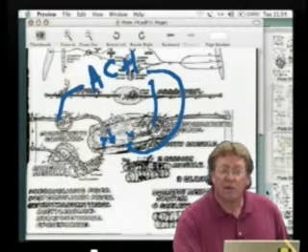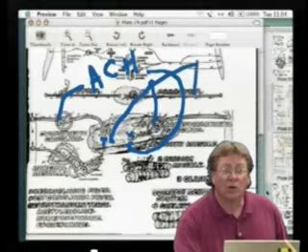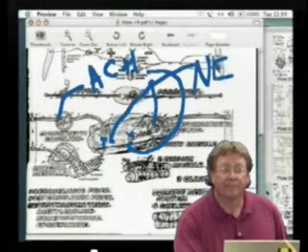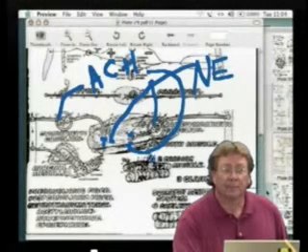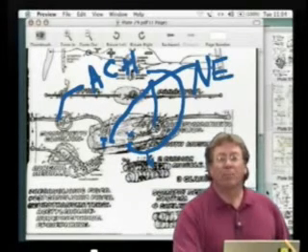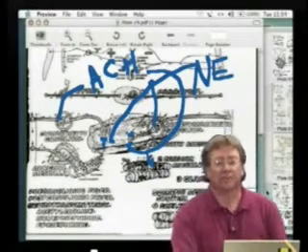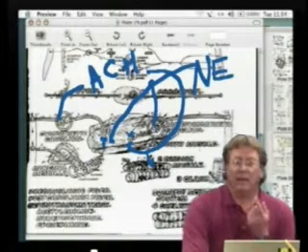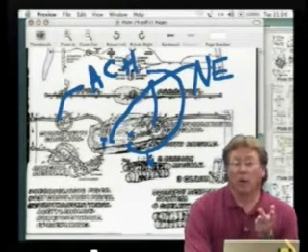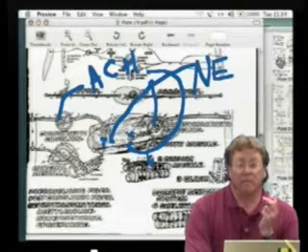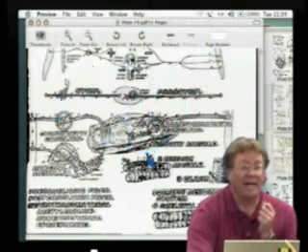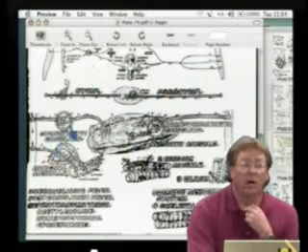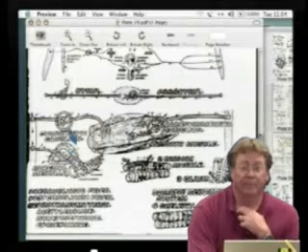The neurotransmitter for the sympathetic nervous system is norepinephrine. There's one important exception anatomically and neurotransmitter-wise to the sympathetic nervous system. And that has to do with innervation of the adrenal medulla.